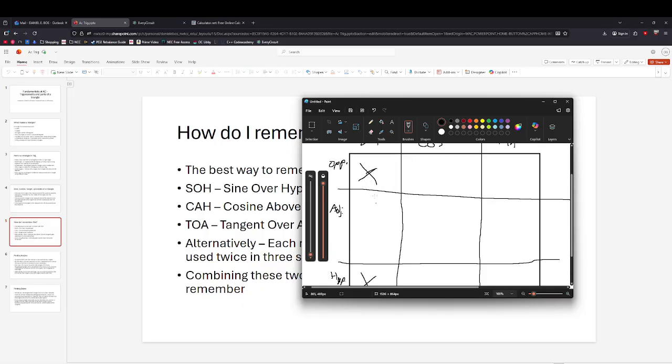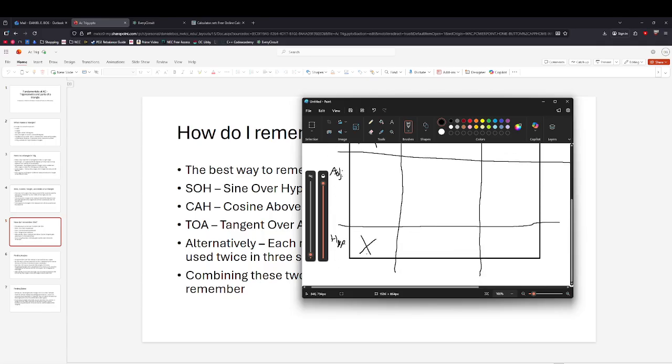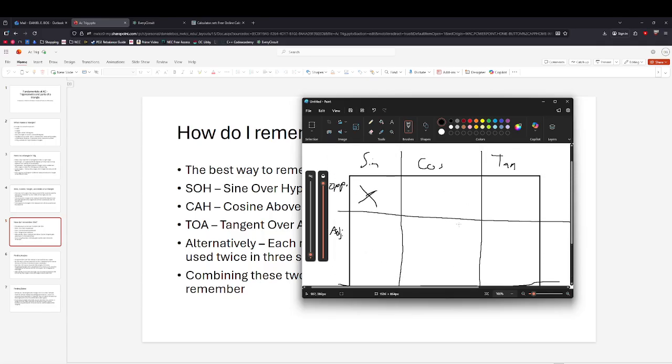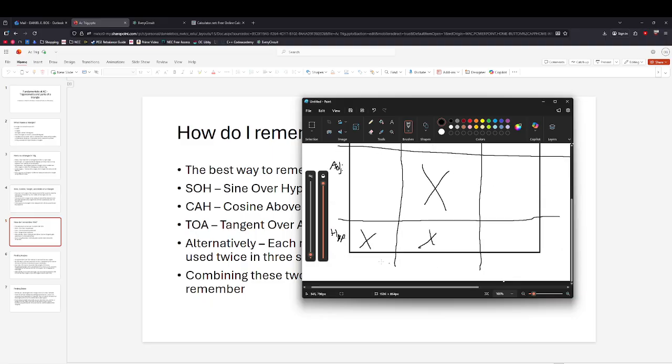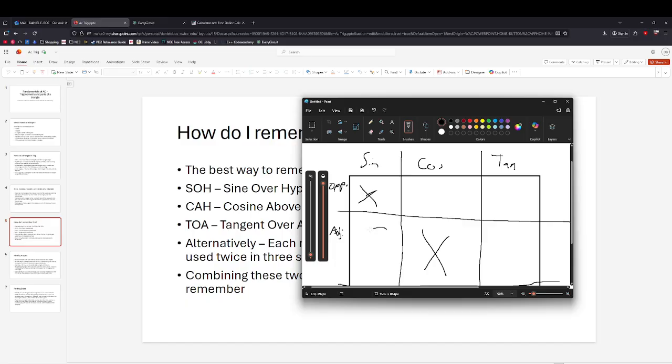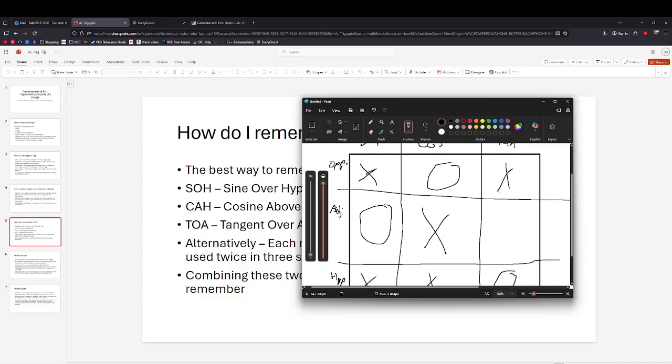Hypotenuse. So it's your opposite over hypotenuse that are getting used here. Okay. Cosine is your adjacent and your hypotenuse. So hypotenuse has been used 2 times, so it can't be here. But adjacent didn't get used here, and opposite didn't get used here, so you have to use them here.